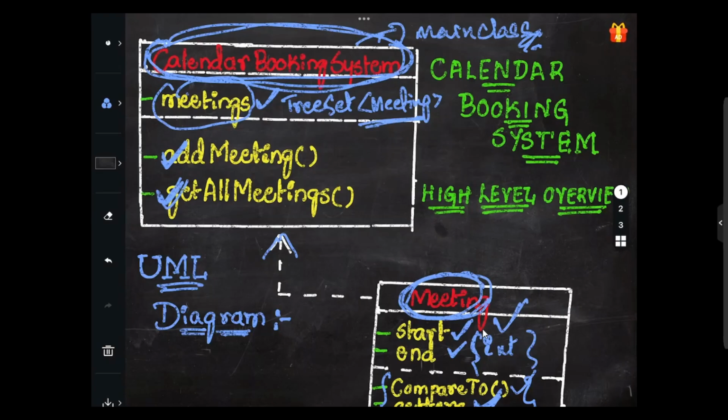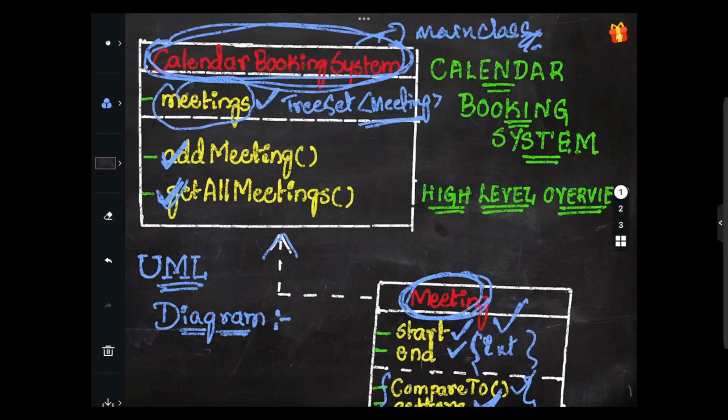Let's implement the same thing in the form of code now. As we know the approach from the UML diagram and the things to consider, it will be easier to write the code.